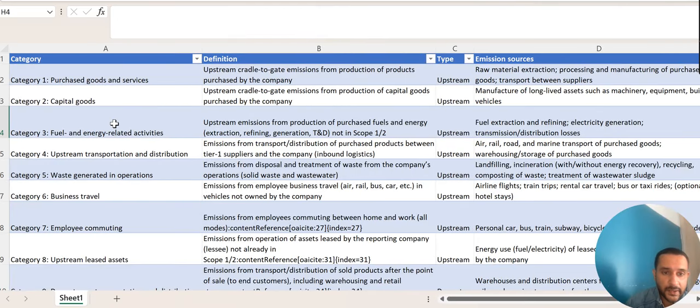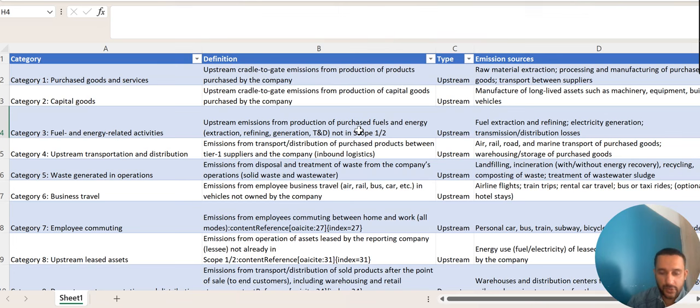Then we have category three, which is your upstream emissions from production of purchased fuels and energy. So you're using that fuel within your manufacturing facility or within the office that you have, but there are emissions associated with the extraction of fuels or the generation of electricity.